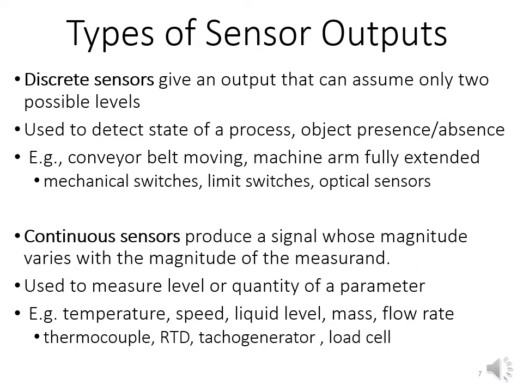For example, to measure temperature, speed, liquid level, mass, flow rate. Examples of sensors that can be classified as continuous sensors include thermocouples, resistance temperature detectors, a tacho generator, and load cells.